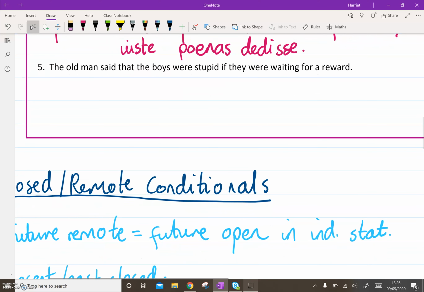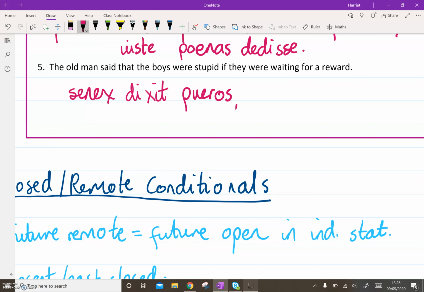Okay. Number 5, the old man said that the boys were stupid if they were waiting for a reward. So senex dixit, that the boys, pueros, if they were waiting for a reward, si praemium expectarent, continuous action, imperfect subjunctive.